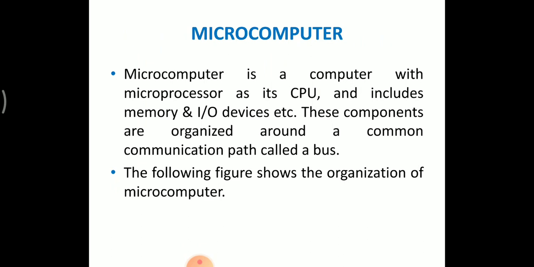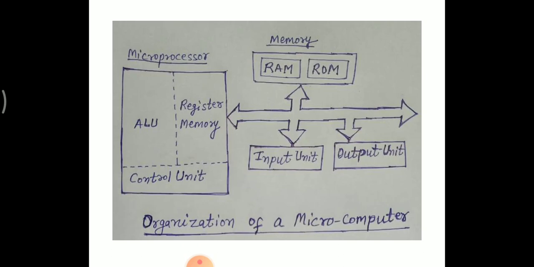The following figure shows the organization of microcomputer. In this figure, the major component of microcomputer is microprocessor. Microprocessor is further divided into three subunits: ALU, arithmetic logic unit, register memory, control unit.